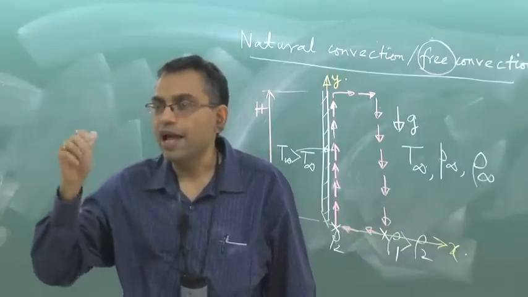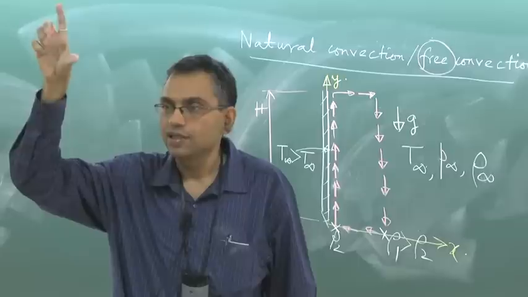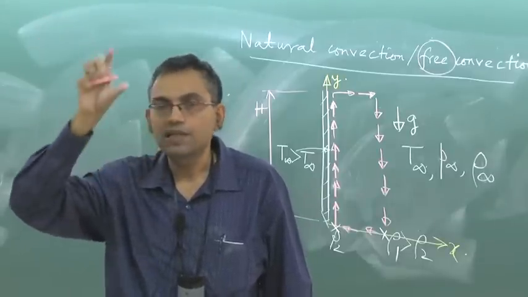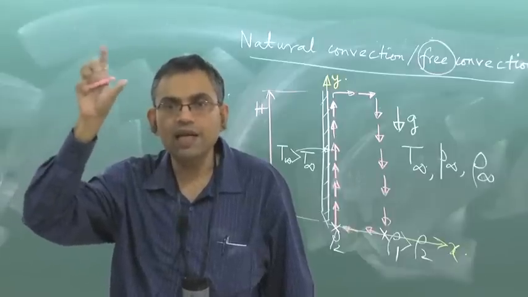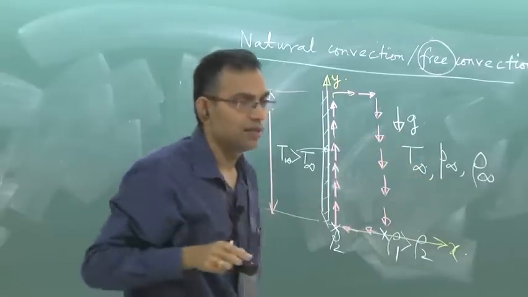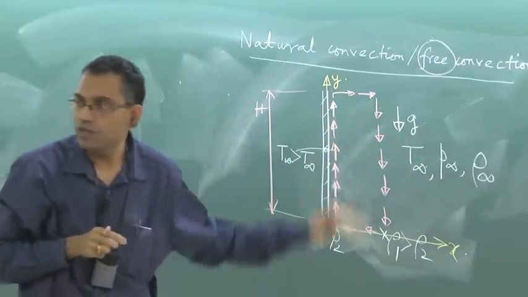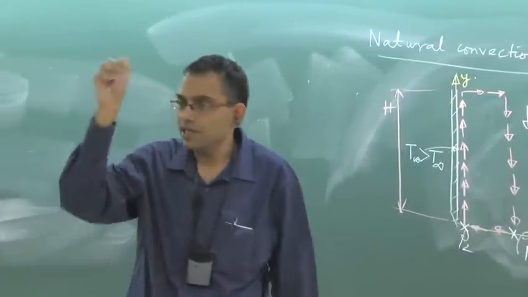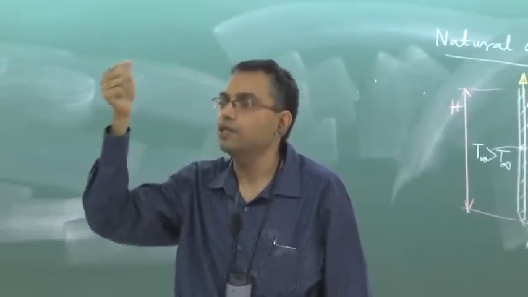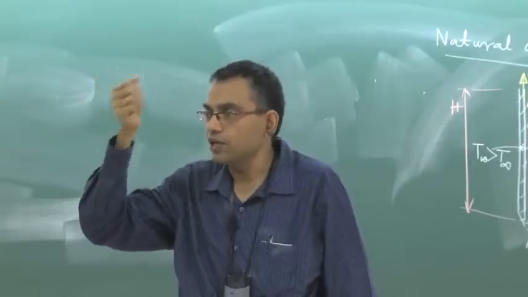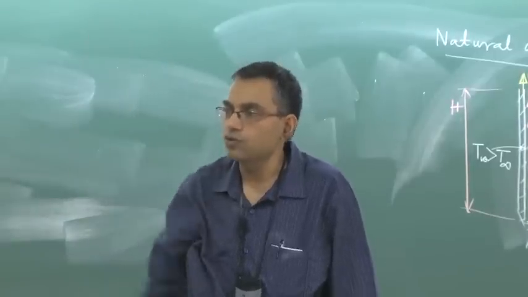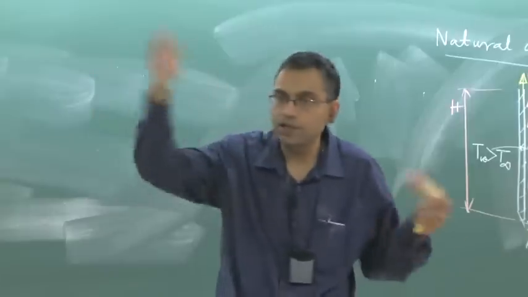In forced convection over a flat plate, at the edge of the boundary layer u is u infinity, but in natural convection at the edge of the boundary layer what is u? U is 0, here instead of u, you have to consider v. So the velocity outside the boundary layer is 0 because there is no mechanism that is forcefully driving the flow. On the other hand, for forced convection you have u equal to u infinity at y equal to delta, basically y or x depending on the coordinate.